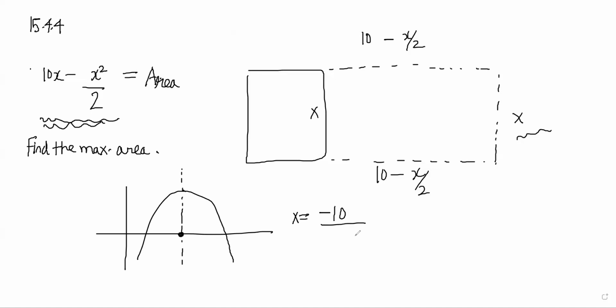Negative 10 over what? Negative 1. Why negative 1? Because a is negative 1/2. So are you doing negative b over a or negative b over 2a? 2a.